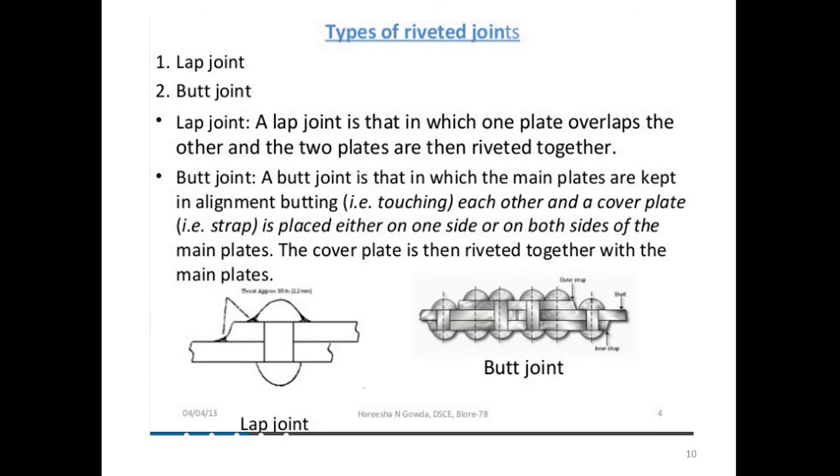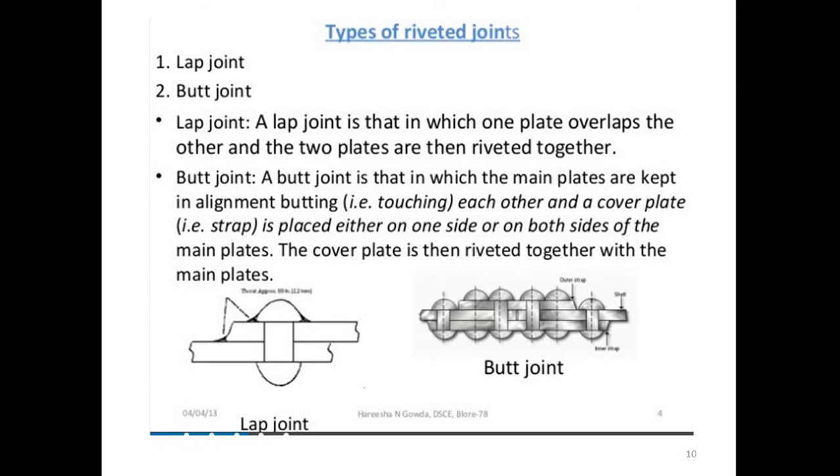As shown in the figure, the main plates are butting and touching each other, and the strap, that is the cover plate, is placed on either one side or both sides.